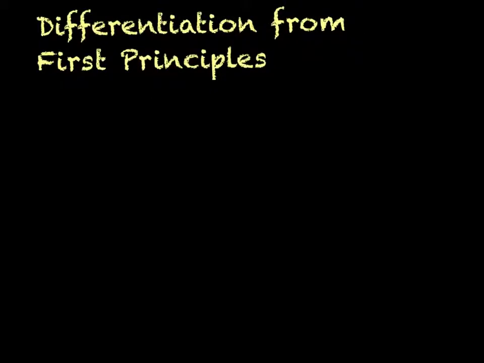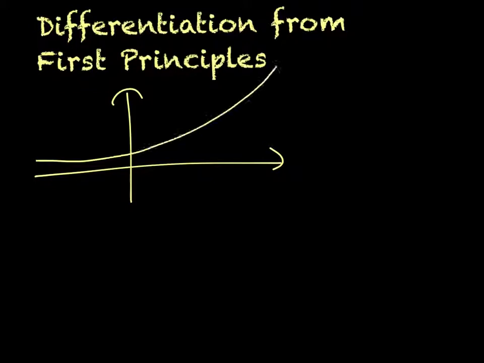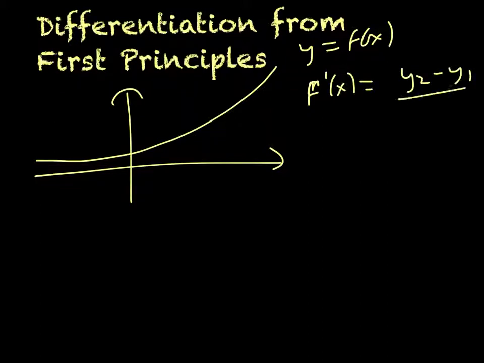So let's go back to where we were, and let's try and deal with the conundrum, the problem that we've just set out. So we know that f dash of x is normally y2 minus y1 over x2 minus x1. So I'm going to take 2 points on this curve. Let's take this point here at position x. Because y equals f of x, this is going to generate a y value of f of x.